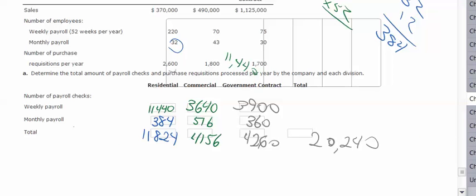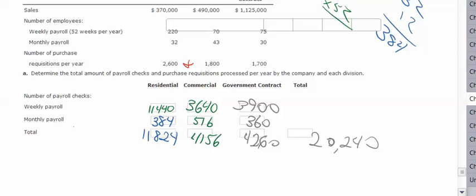Now the requisition cost, we have to figure out the total number of requisitions. Let me clean this up a little bit. Our total requisitions will be the 2,600 plus 1,800 plus 1,700.